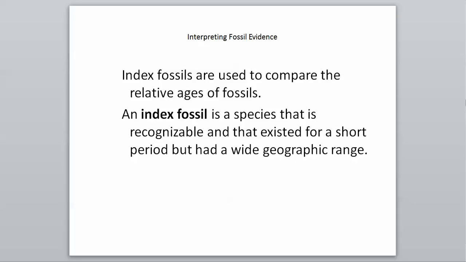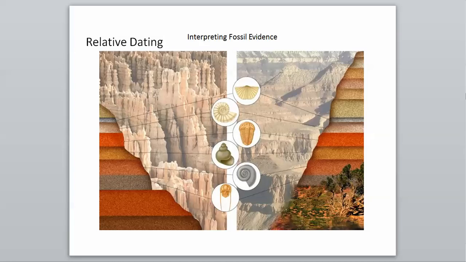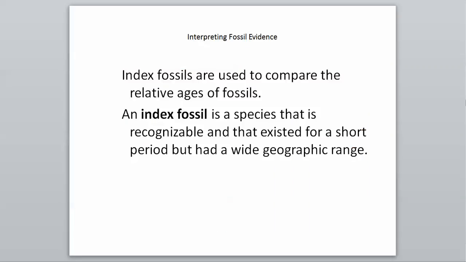This could be our index fossil, our little light blue curly Q right here. We know these occurred all over the world around a certain time, so if we see things below that, we know they have to be below a certain age. If we see things above it, we know they have to be a more recent fossil. So that's why an index fossil is important.